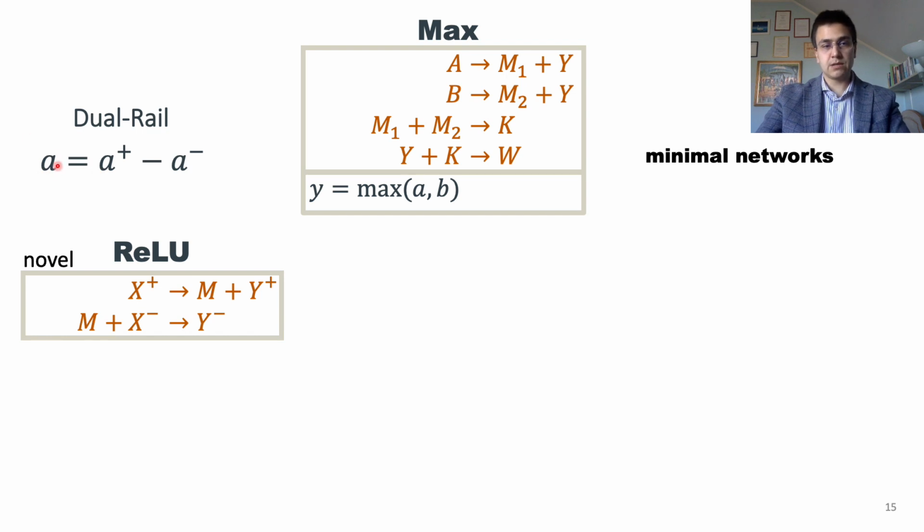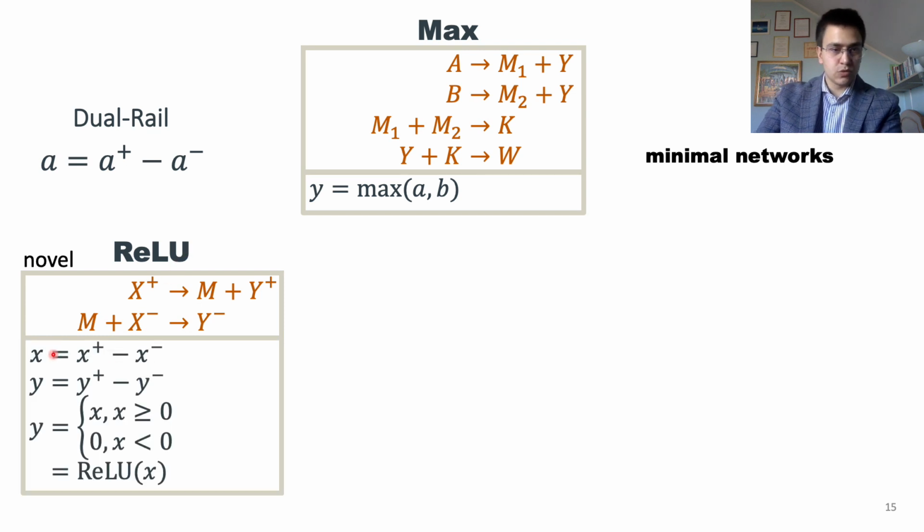So to support negative values, we accept this standard where a logical value of A is represented by the difference of quantities of physical molecules A plus and A minus. In that way, the ReLU computes Y, where the logical value of Y is equal to the ReLU of X, where Y is defined by the difference of these two molecules and X by the difference of these two molecules.